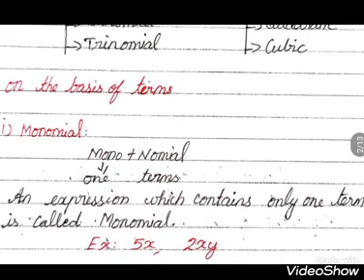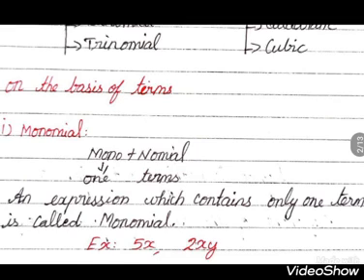For an example, 2xy. Here 2 is a number, x is one variable and y is another variable. So it is three values in multiplication. So 2xy, we take it as a single term.